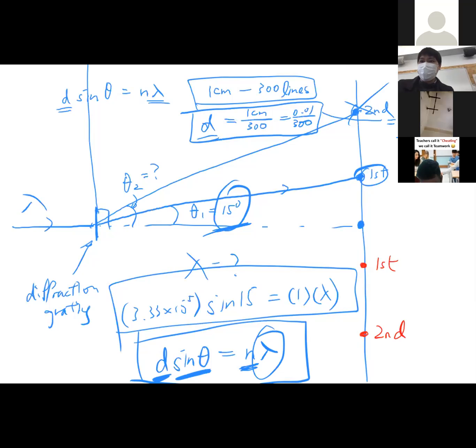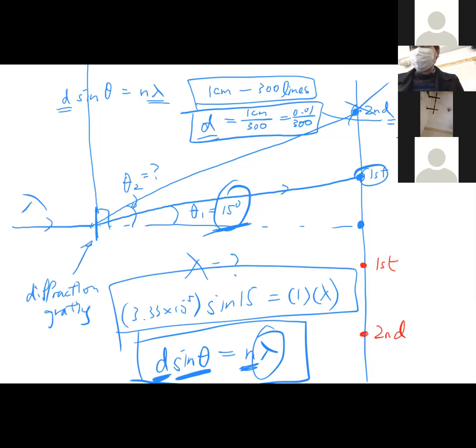Sir, what's the use of learning this? Very useful. So how am I gonna use this in my life? You mean the diffraction grating? The whole wave chapter. Now, it's something like basic thing about waves, right?